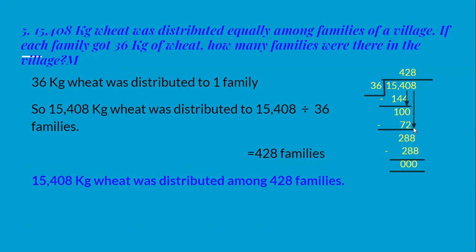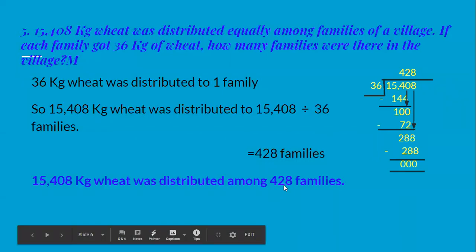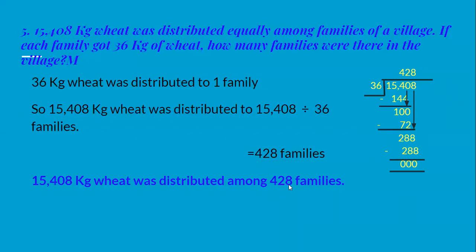Carry the 8 down, so it becomes 288. 36 eights are 288. Remainder is 0. Quotient is 428. So this total 15,408 kilogram wheat was distributed among 428 families. Is it clear to all of you?